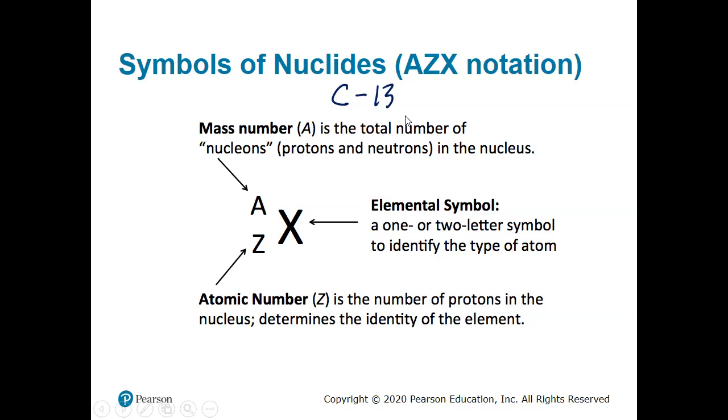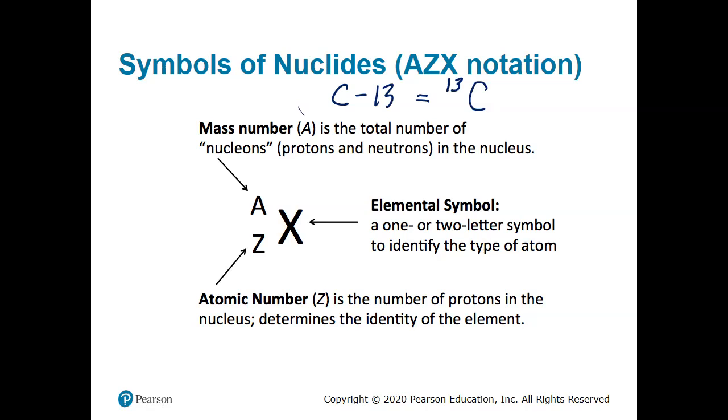That isotope of carbon has a mass number of 13. In this particular notation, since 13 is the mass number, that is the number that's on top.